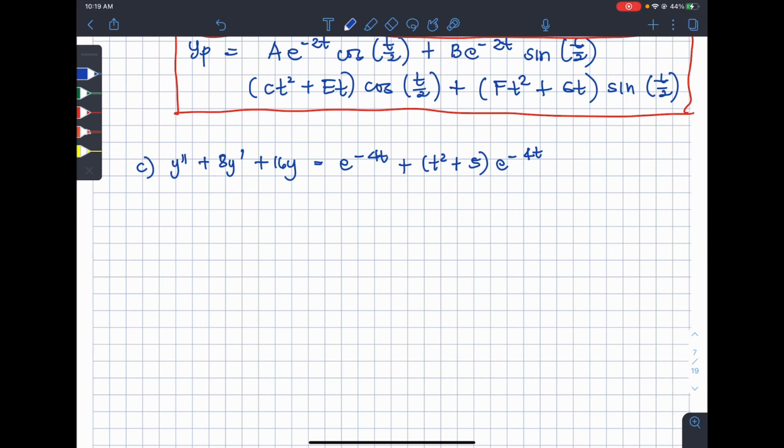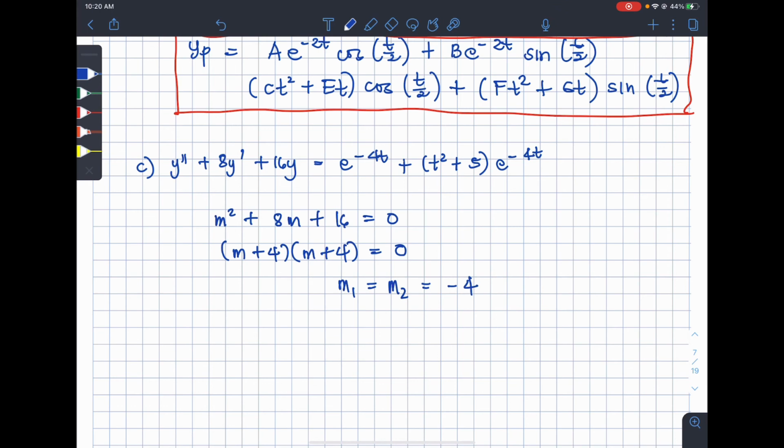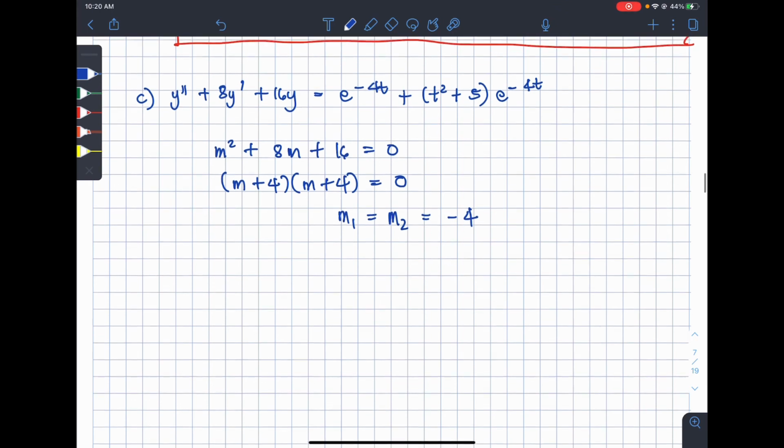So this one will become m squared plus 8m plus 16 equals 0. The factors of 16 are 4 and 4, so I think this would be m plus 4 times m plus 4. So we have m1 the same as m2, which is equal to negative 4.